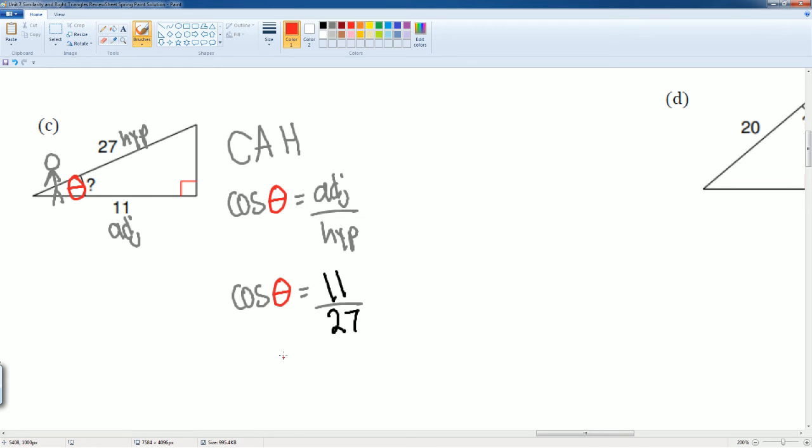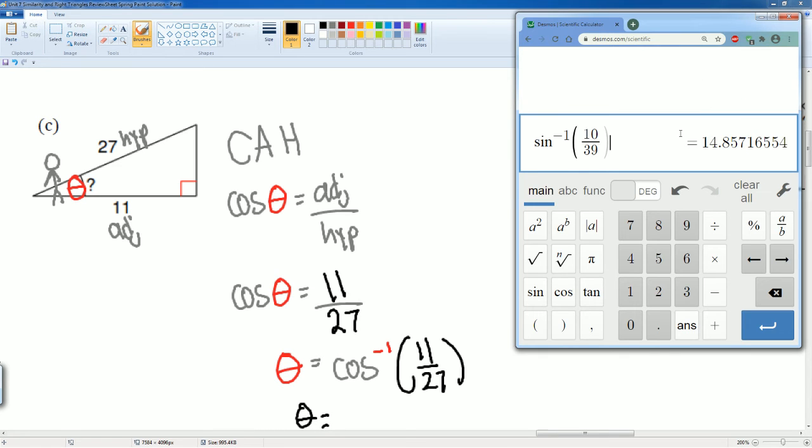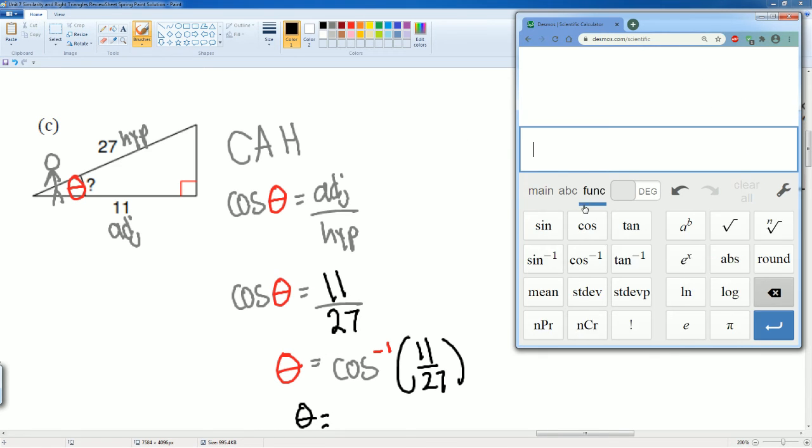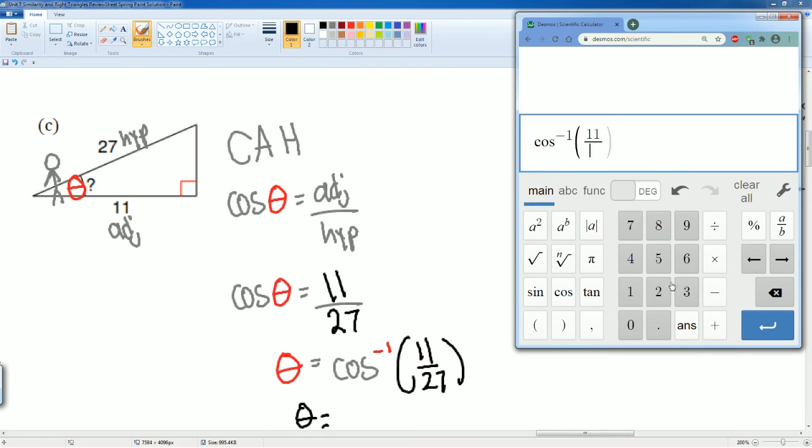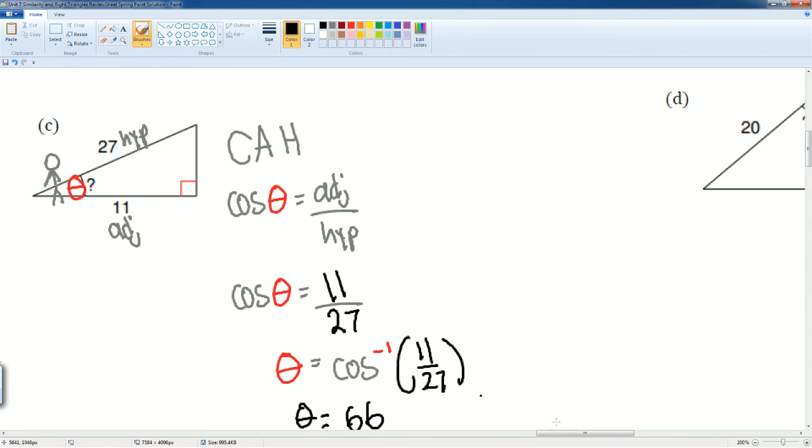To get theta, we use our inverse. So theta is going to be equal to cosine -1, parentheses 11 over 27. Now we plug that into our calculator. Hit the function, cosine inverse 11 divided by 27. That gets you 65.95, or rounding it up gets you 66. So this should be 66.